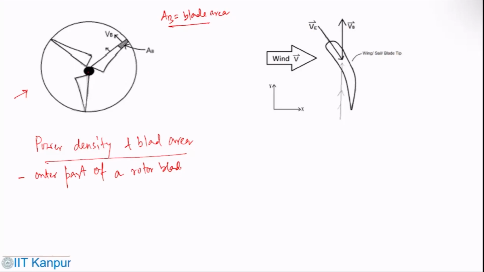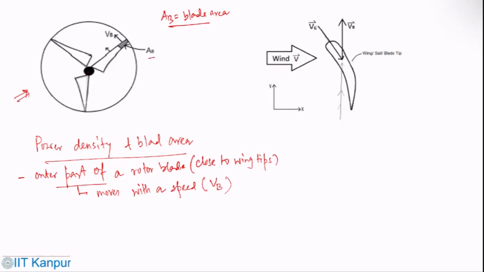So the outer part of a rotor blade, which is essentially close to the wing tips, moves with a speed which is VB, which has been shown here in the picture.